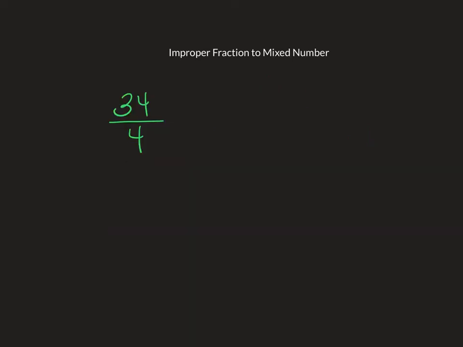Let's try this one. 34 fourths. On your dry erase board with your dry erase marker, convert 34 fourths into a mixed number. Go ahead and do that now. You should have started with 34, because it's our numerator, divided by 4.